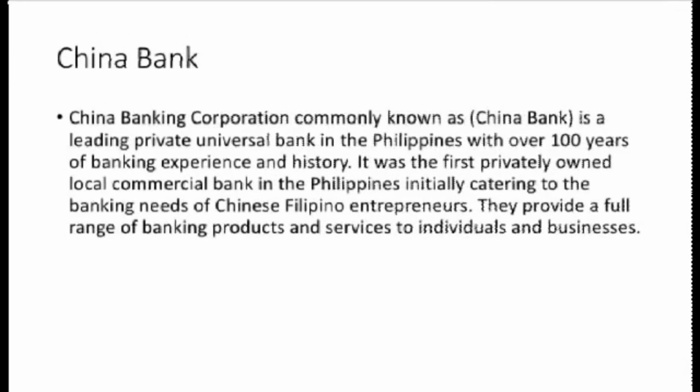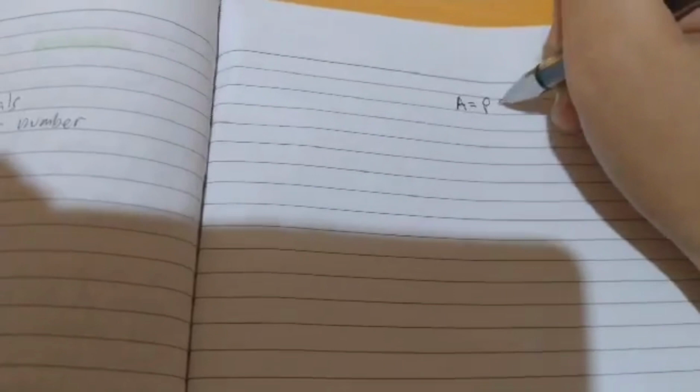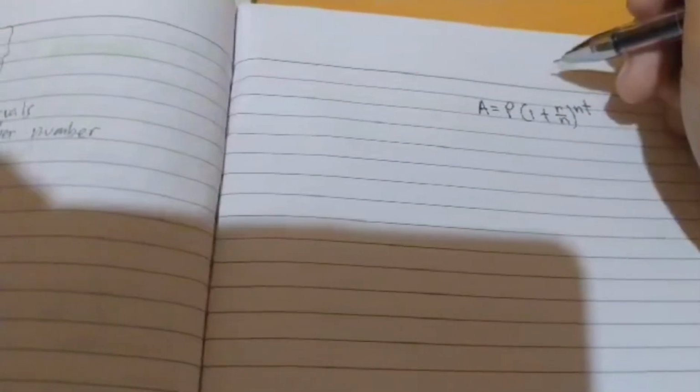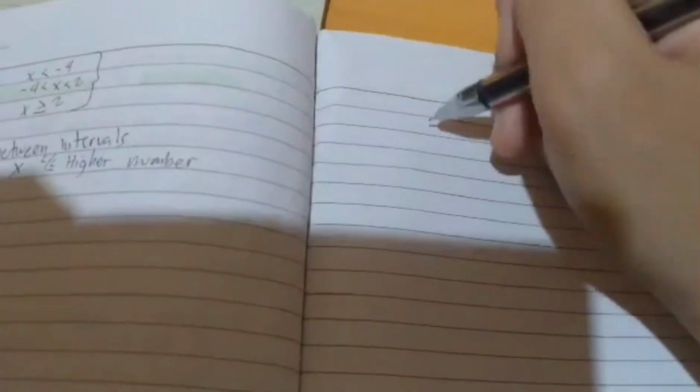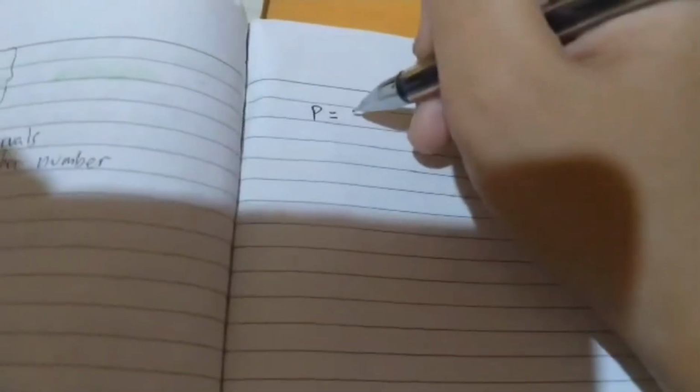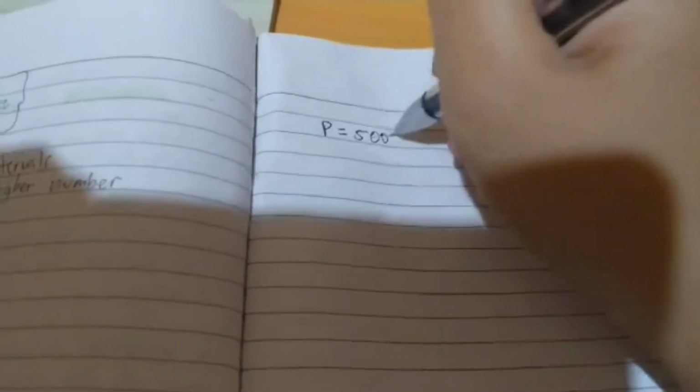Today, I will be computing the interest rate of China Bank. The type of interest I will be using is a compound interest. First, we need to write the formula of a compound interest. Then P is equal to 5,000.